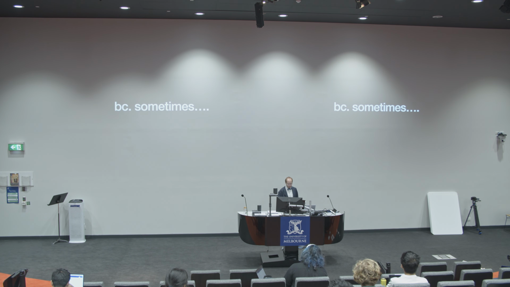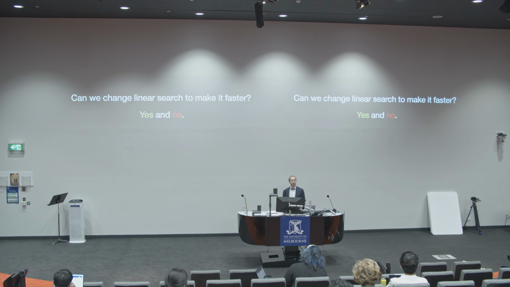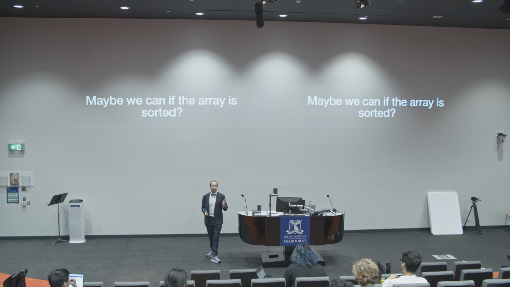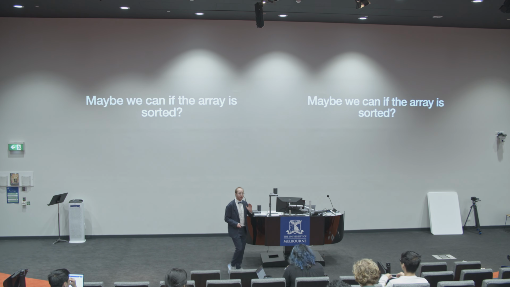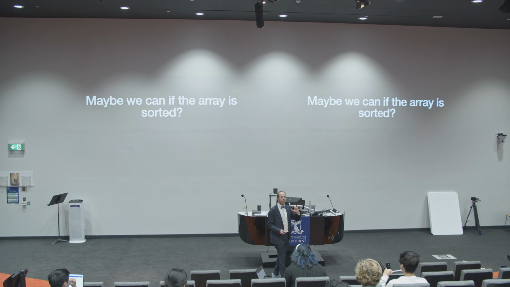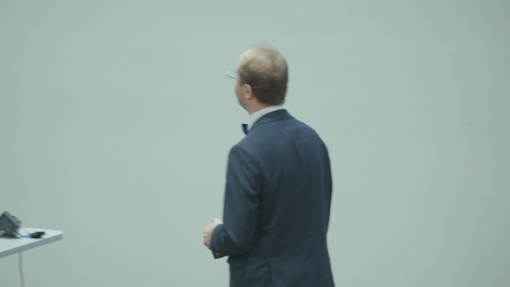So we saw that we could change linear search to make it somewhat faster. And this worked in the instance where the array was already sorted. So that was really our trick, optimizing our data structure in some way. Going from just a plain old unsorted array to a sorted array allowed us to make a really big difference. So you'll see this next week when we start to do the analysis of the algorithm.